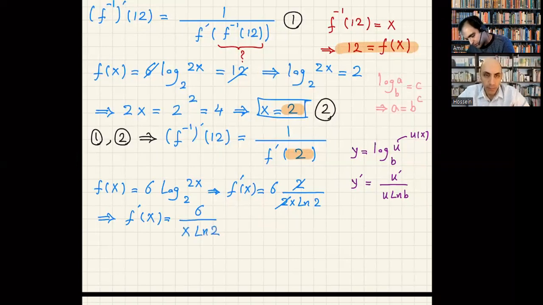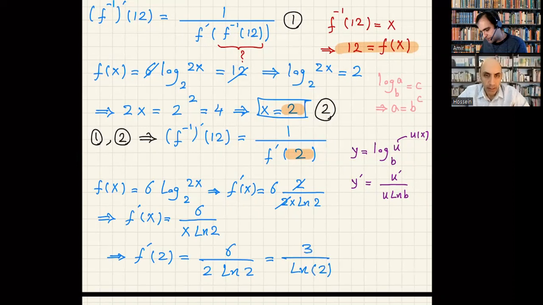So at point 2, f prime of 2 is equal to 6 over 2 ln of 2. So it's 3 over ln of 2.